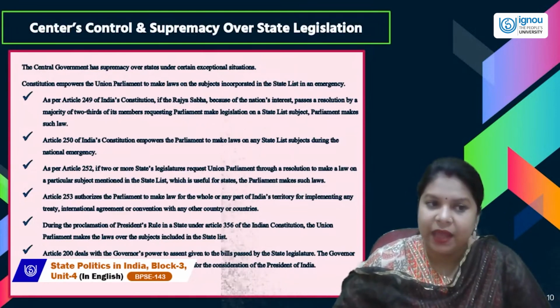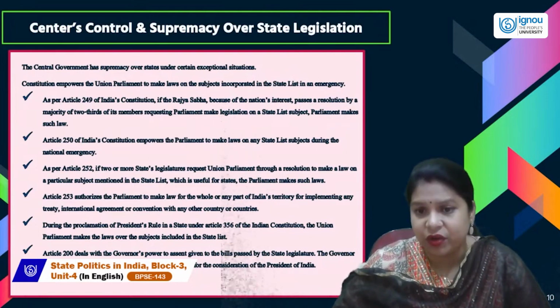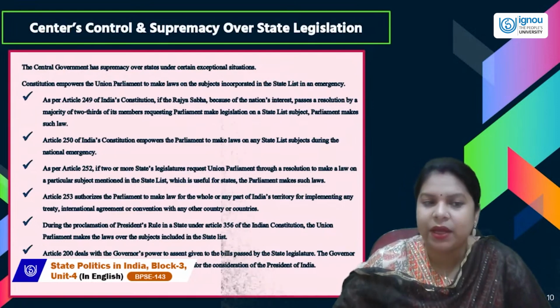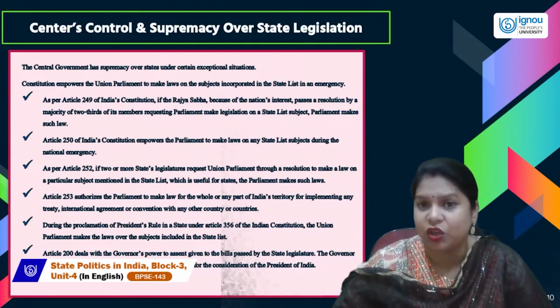As per Article 249 of India's Constitution, if the Rajya Sabha, in the nation's interest, passes a resolution by a majority of two-thirds of its members requesting Parliament to make legislation on a state list subject, Parliament makes such laws.